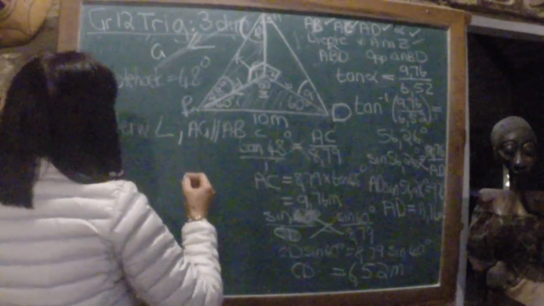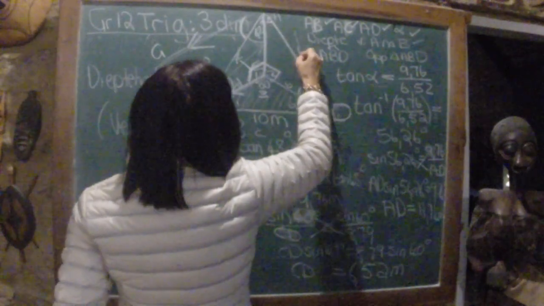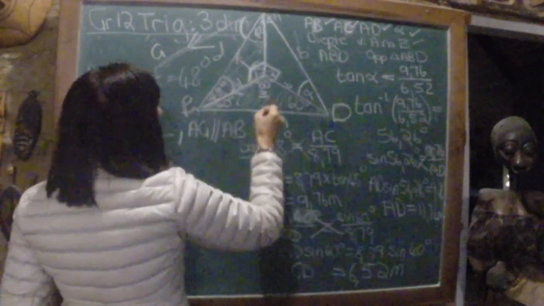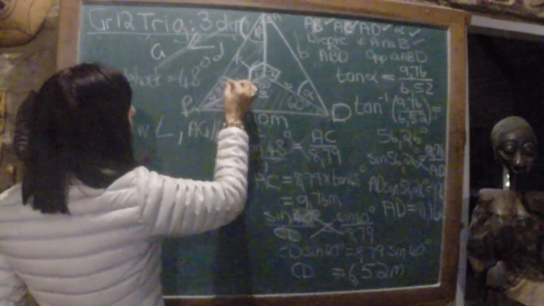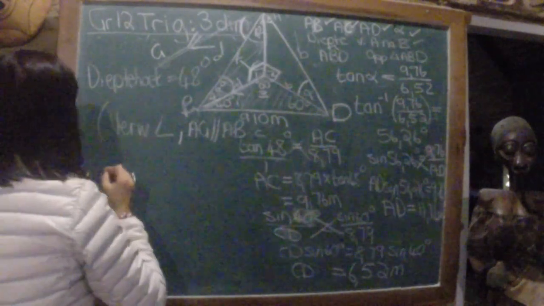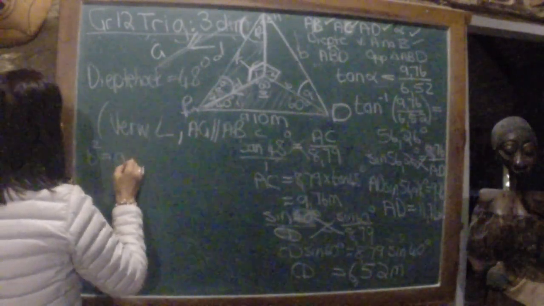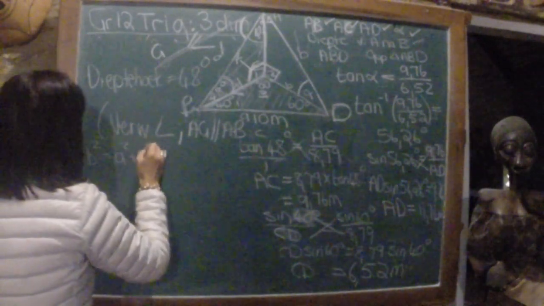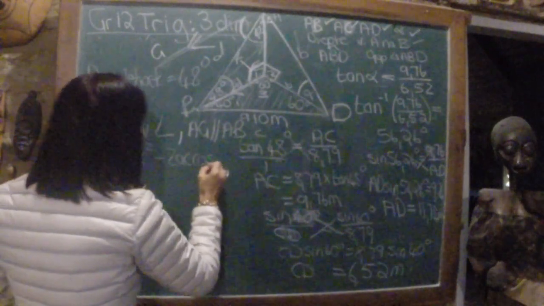My kosreël. My kosreël sê, kom ons merk hierdie as klein b en klein a. Okay, we need this angle, so we need big B. So ek gaan sê, b kwadraat is gelyk aan a kwadraat plus c kwadraat minus 2ac cos van hoek B.